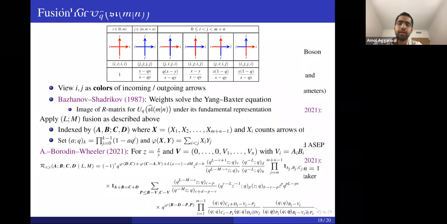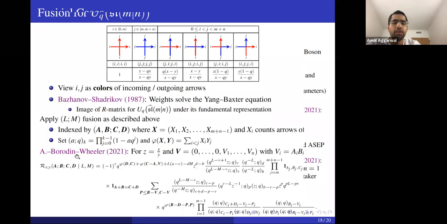For example, A_1 counts the number of arrows of color 1 that enter your vertex, and D_10 counts the number of arrows of color 10 that horizontally exit your vertex. These are the analogs of the state space for this U_q(sl-hat(m|n)) setting.